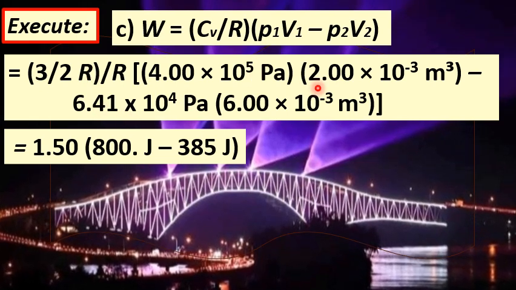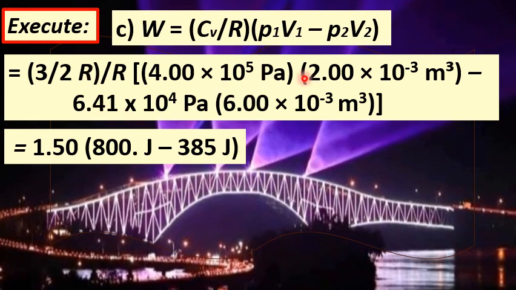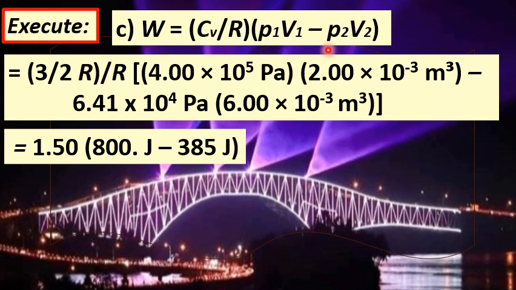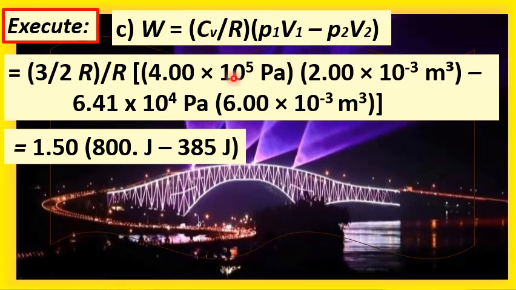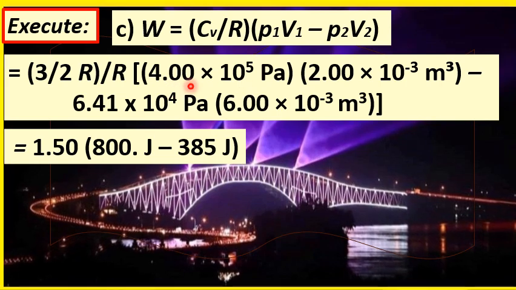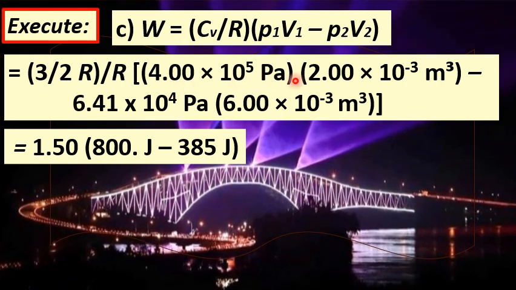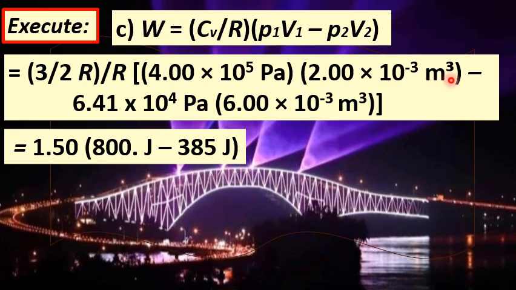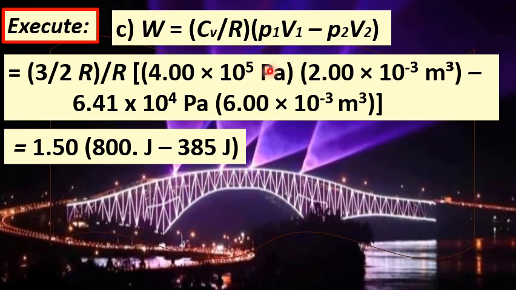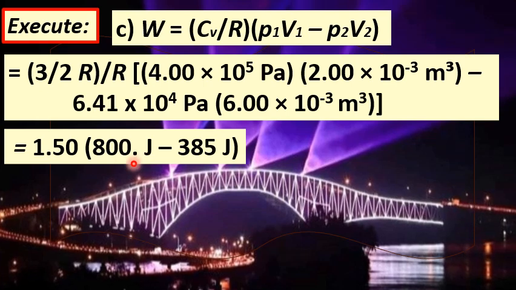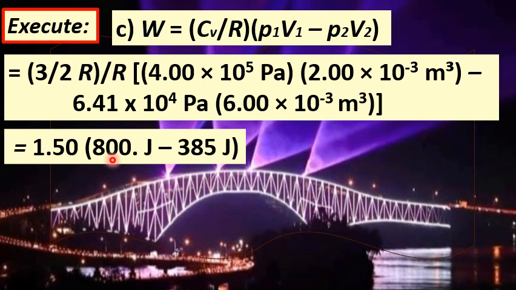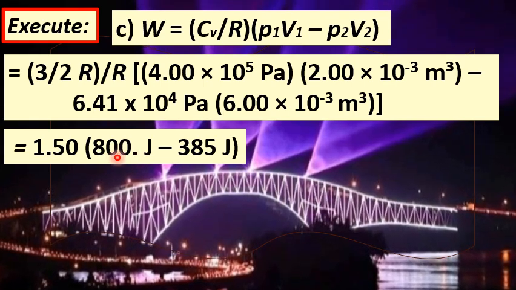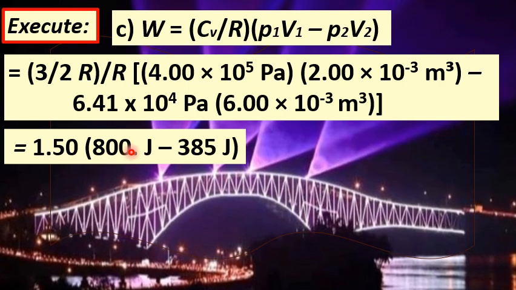And then the result of multiplying P sub 1, V sub 1, which is 4.00 times 10 to the 5th Pascal times 2.00 times 10 to the negative 3 meter cube, is in fact equal to 800 joules, meaning in 3 significant figures.